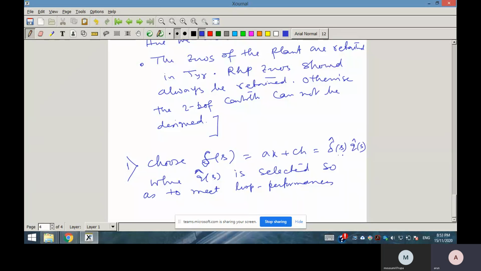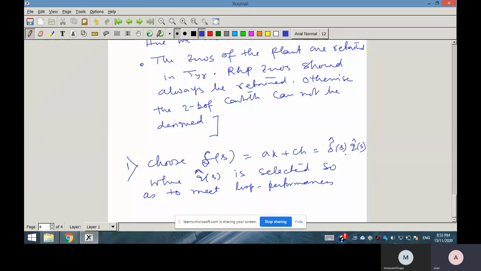Q hat S order is n because that is equal to plant order. Now delta S order is m plus n, so Q hat order will be mth order controller.